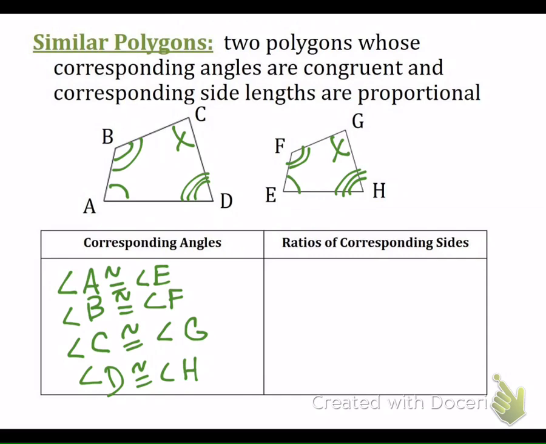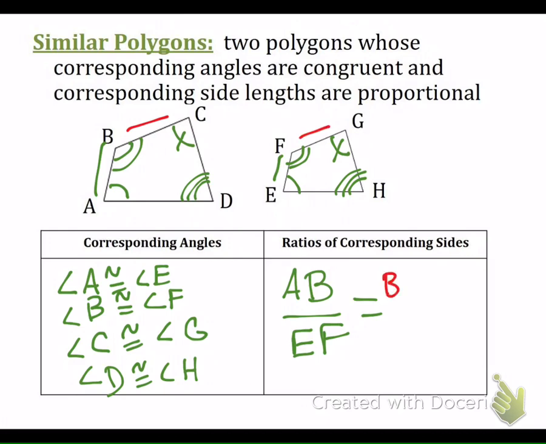So if I write a ratio for the side lengths, like AB over EF, see how those are corresponding? This ratio will be equal to the ratio of two other sides that are in the same positions. And so on, around the figure.